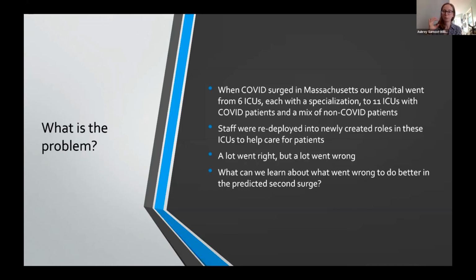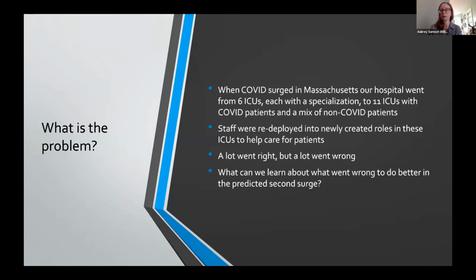And then 5 of these units were totally new. They had been straight up inpatient floors or post-operative care units, and they were now suddenly working as ICUs. Staff were redeployed into newly created roles in these ICUs to help care for patients.